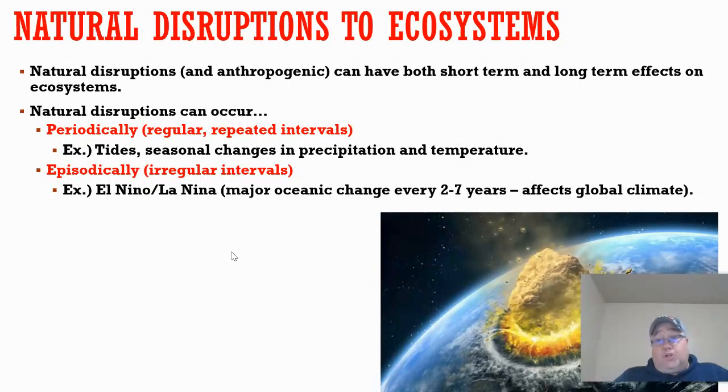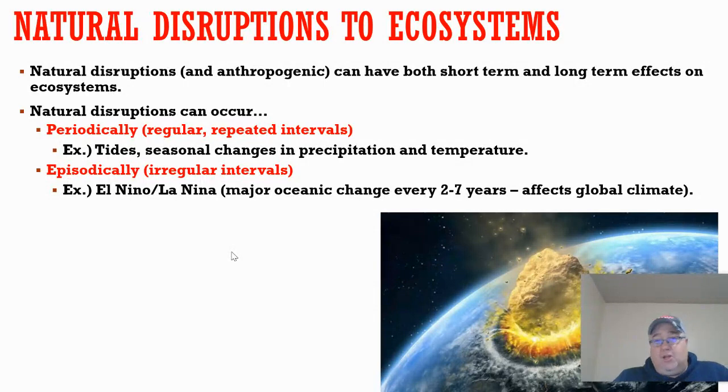But in the Pacific Ocean, every 2 to 7 years, there's a major shift in the currents that flow through the ocean. When this happens, it has a tremendous effect on global climate. It alters how much precipitation is going to come down in certain areas of the world. It alters average temperatures.